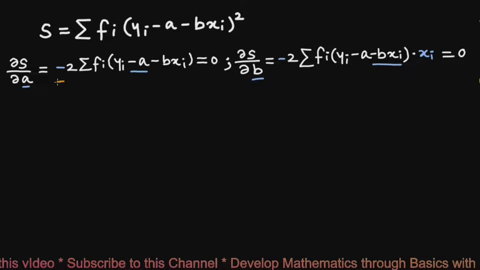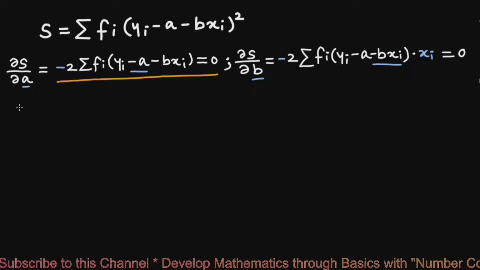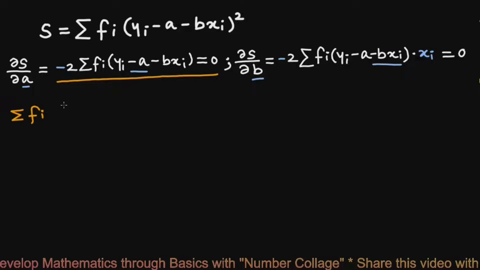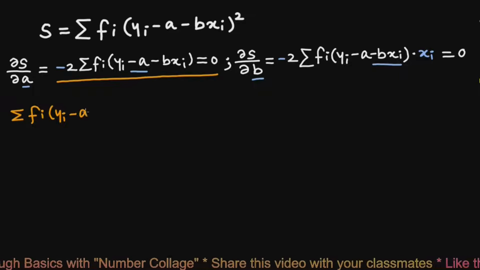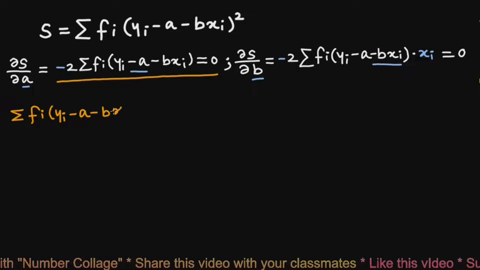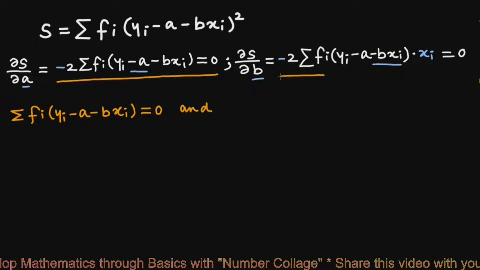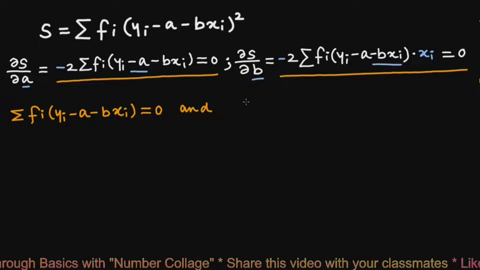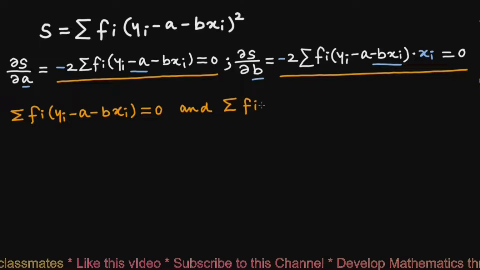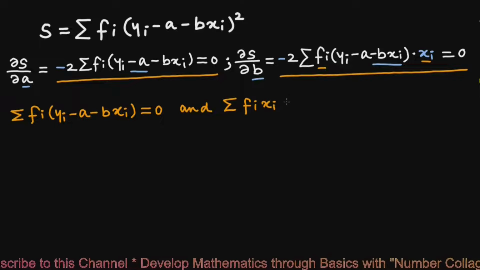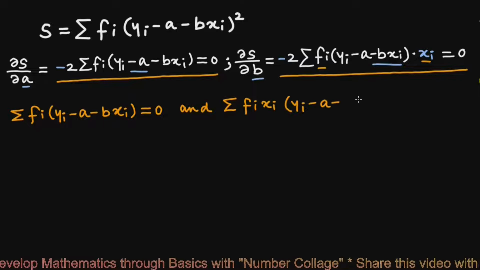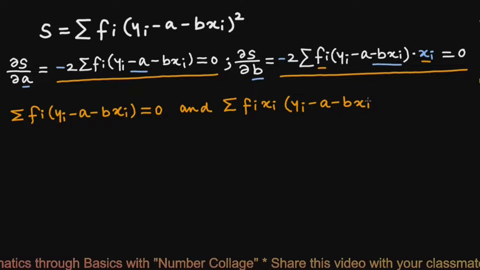So dividing by minus 2, we write this as summation fi into (yi minus a minus bxi) equals 0, and dividing by minus 2, here we get summation fi xi into (yi minus a minus bxi) equals 0.